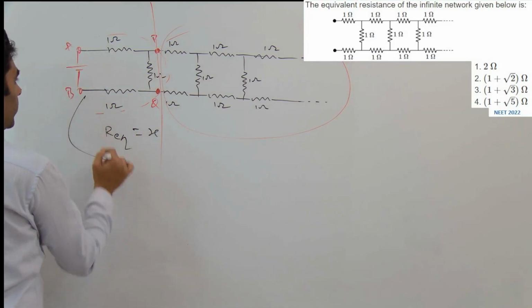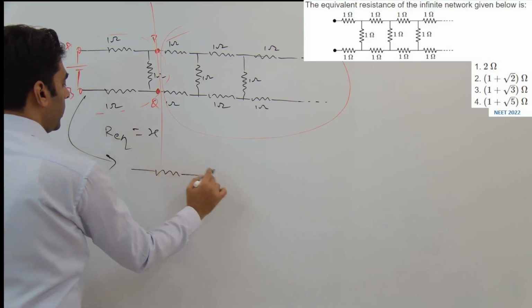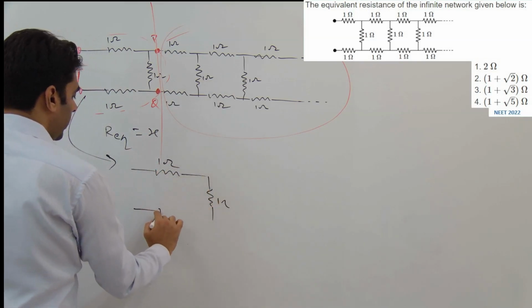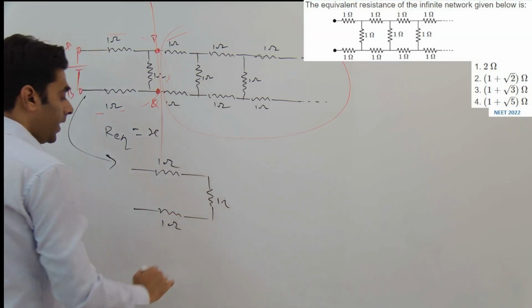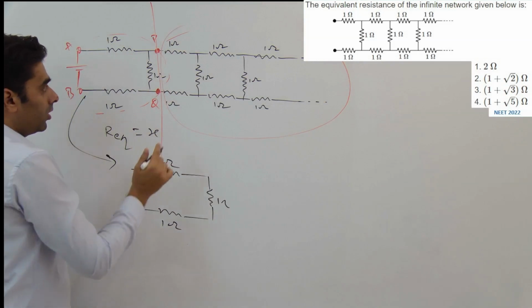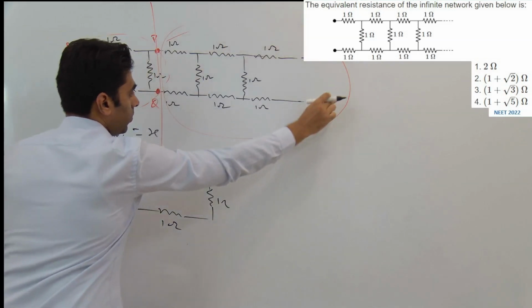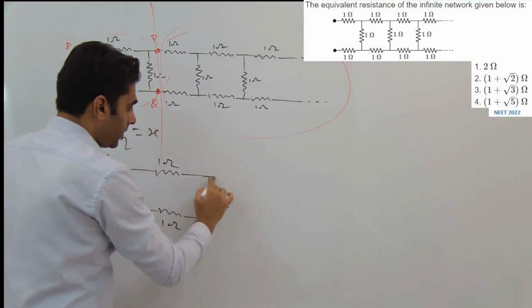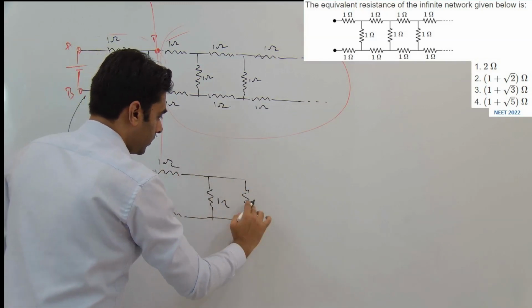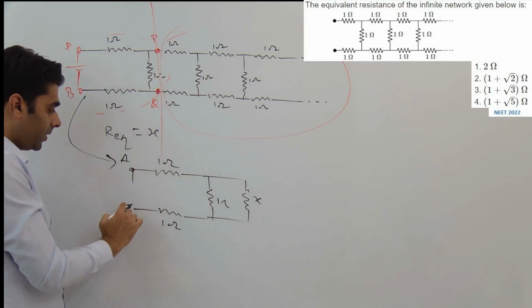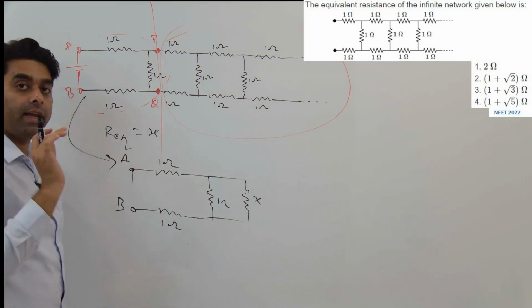What can we do? This 1, 1 and you have 1 ohm, and this whole part, either you take this full or you remove this, and if you consider only this part, this will also have R equivalent as X only. That means this is your X. And what is the R equivalent for this between this A and B? If we take it, it will again be X only.